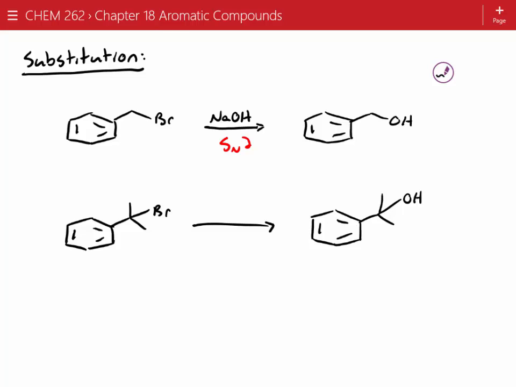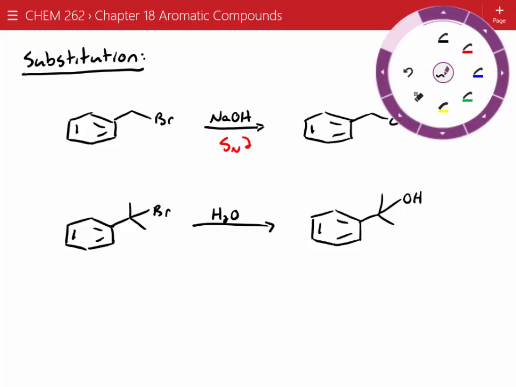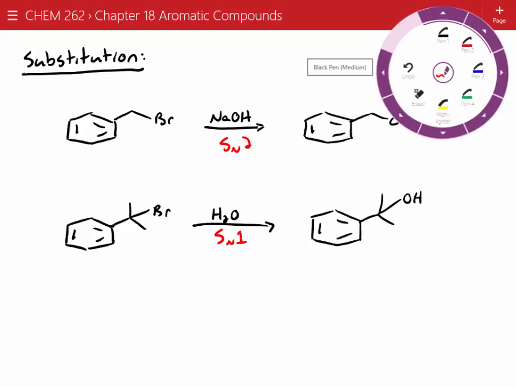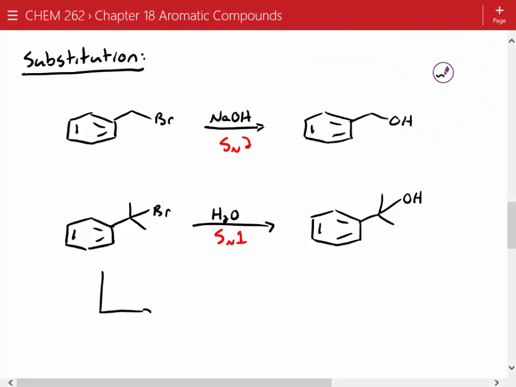So we need a weak nucleophile. What would a weak nucleophile be that could install an alcohol? Water, exactly. So you can do H2O and just do the SN1 reaction. And in particular, we said that there is a very, very stable intermediate, because not only is that carbocation tertiary, but what else is going on?